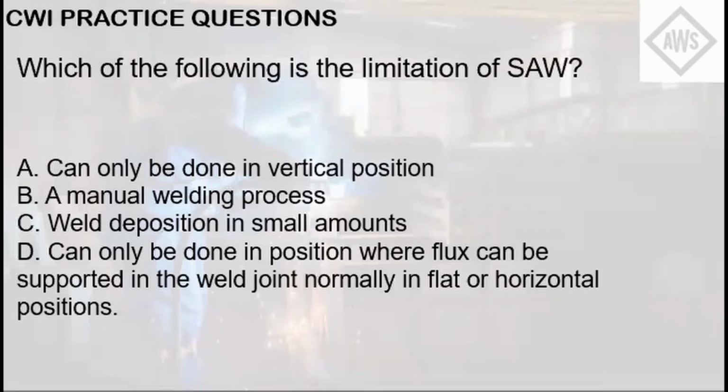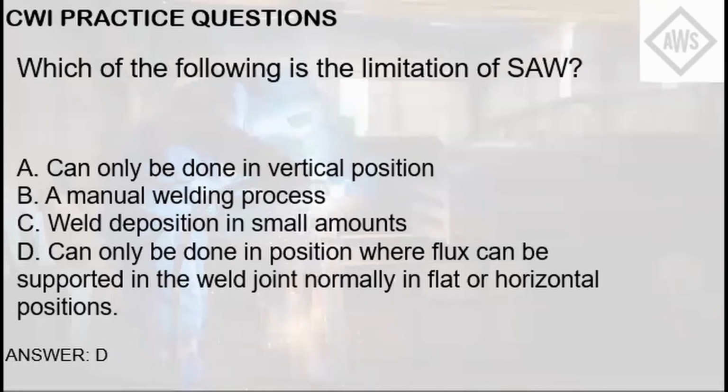So as you can understand by now, letter D is the answer, because it can only be done in a position where flux can be supported in the weld joint, normally in flat or horizontal position. Just imagine if the welding machine is put in a vertical position, the flux will fall because it cannot be supported in the weld joint.